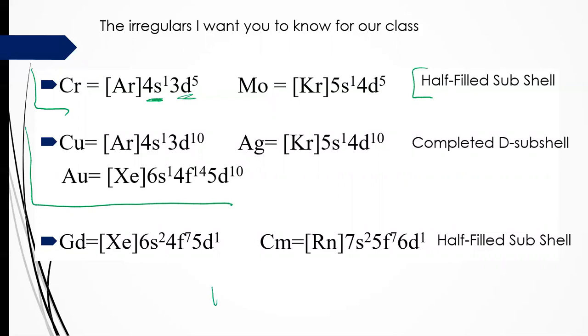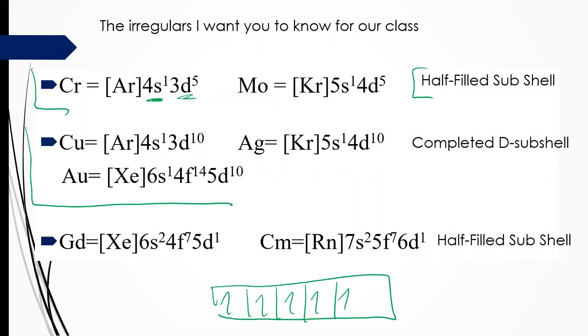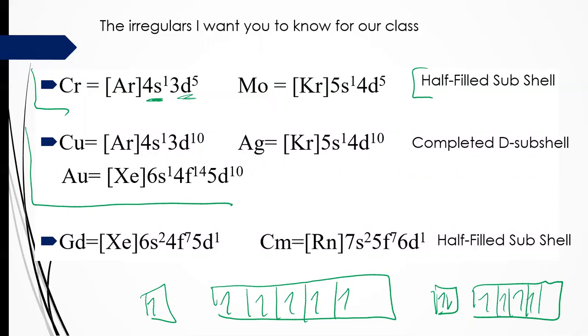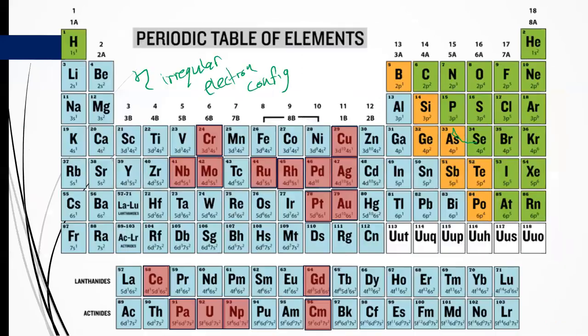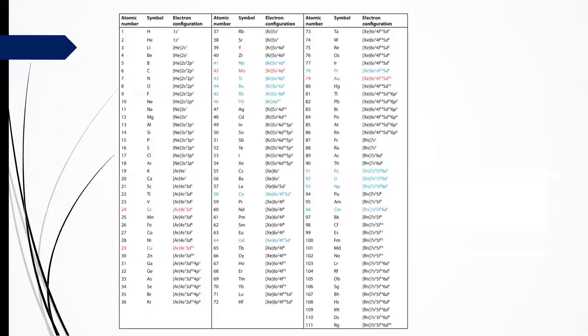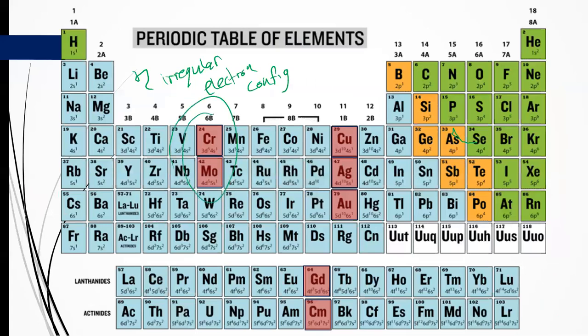There's a benefit for our d electrons to have 1 electron in every orbital, and only 1 in the 4s, compared to having 2 in the 4s and a completely empty orbital as seen there. When we look back at our periodic table, you can see those two right there as following that half-filled shell.